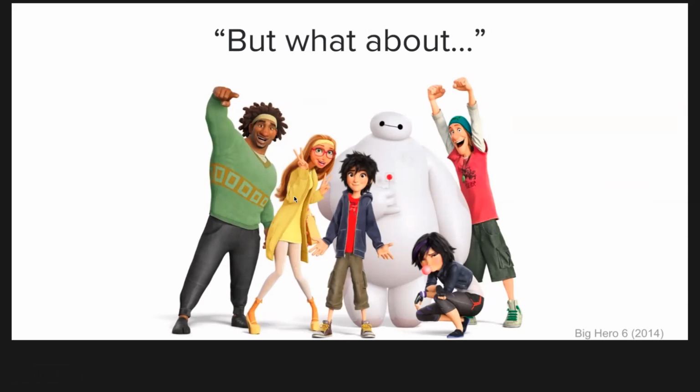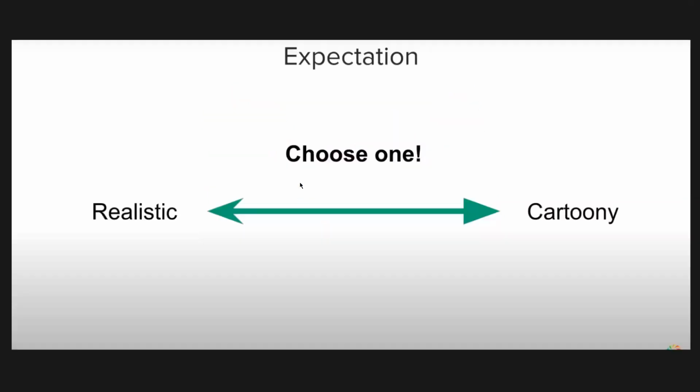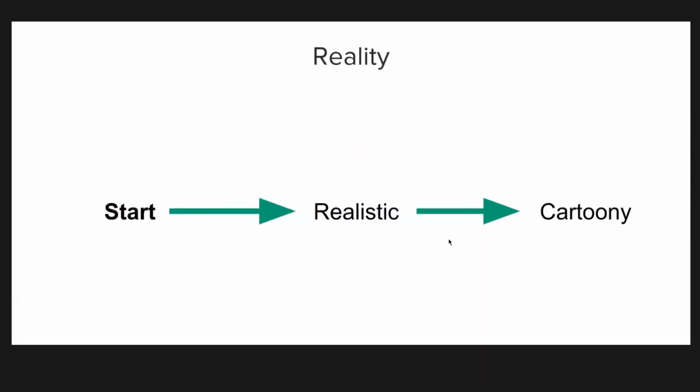Also, you might imagine it like you can choose two paths. You can go the realistic route, or you can go cartoony, stylizing your work. But in reality, it looks something like this. You start with photorealism, and only then you can go and stylize your work, because stylizing is a very delicate process. You have to know what to pull and what not to pull.